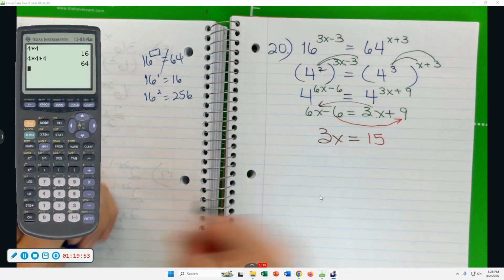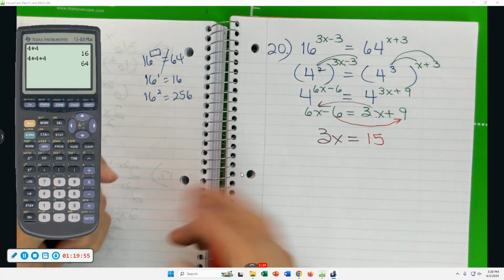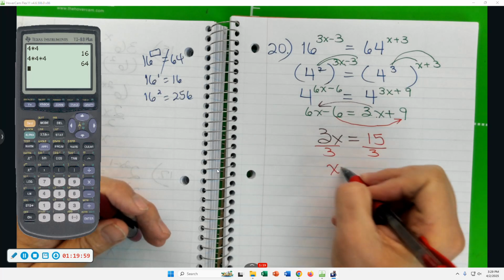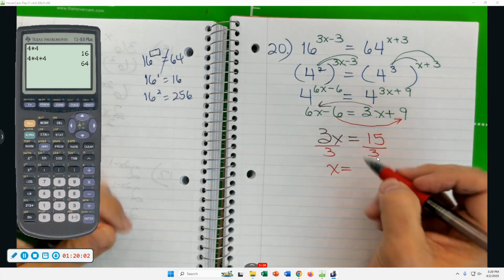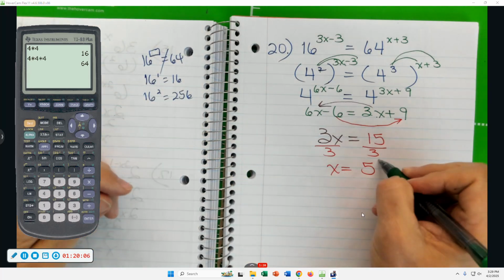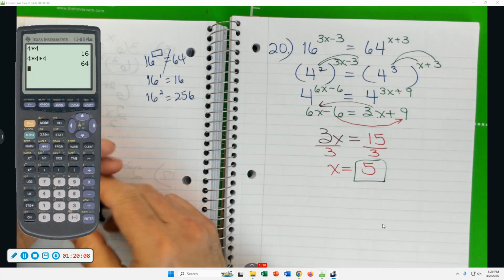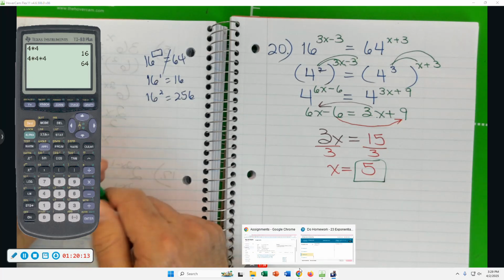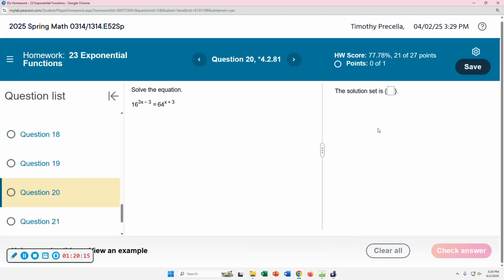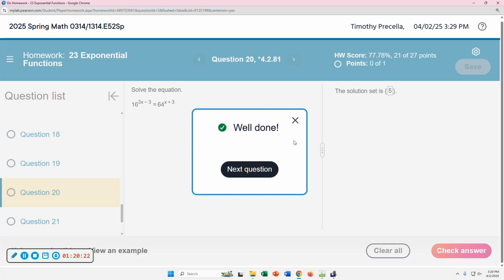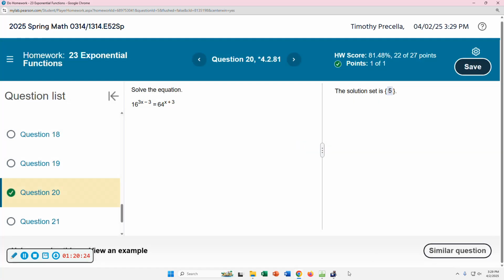And then I will divide by 3 to give us x equals 15 divided by 3 is 5, for my final answer. Sometimes you have to change both sides. Any questions there?